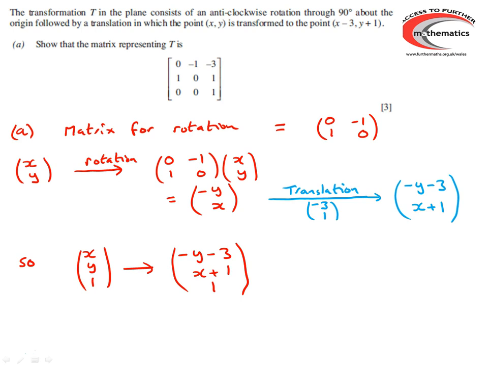So the point (x, y) is being transformed to the point (-y - 3, x + 1).